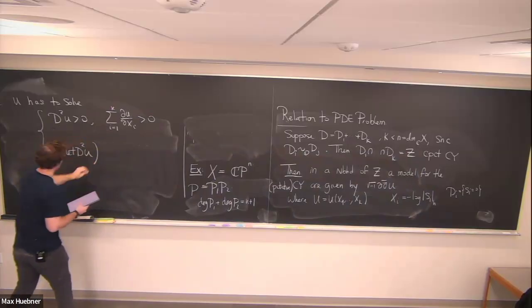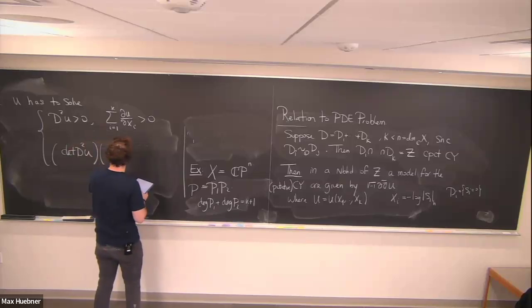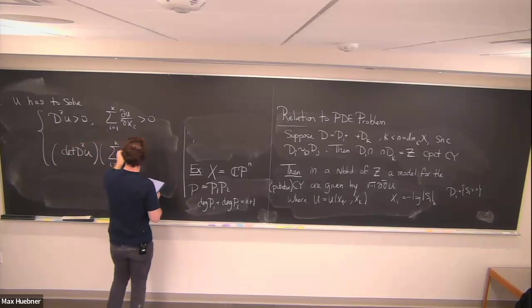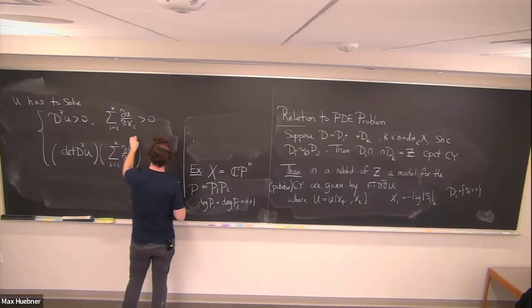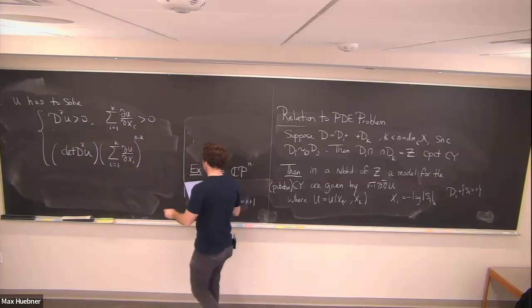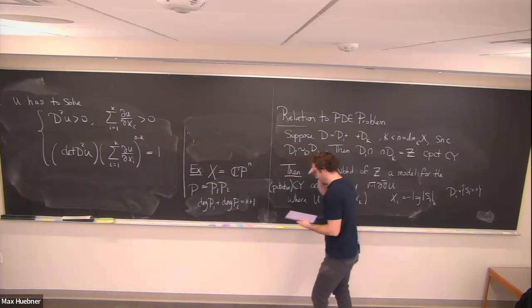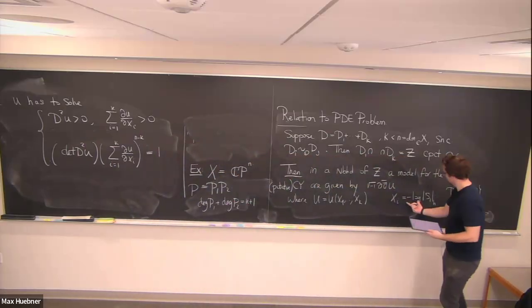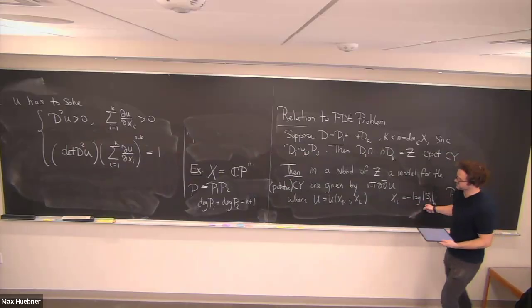the determinant of the Hessian times the sum of the first order terms to the power of the dimension of X minus the number of divisors has to be 1. Okay, so because of this definition of the variables, right?